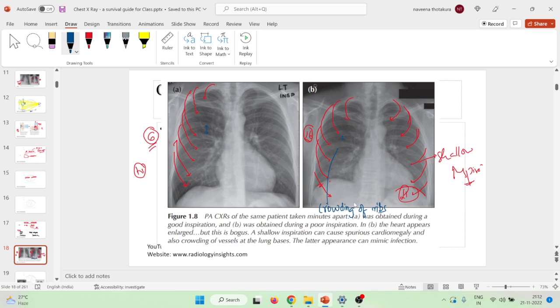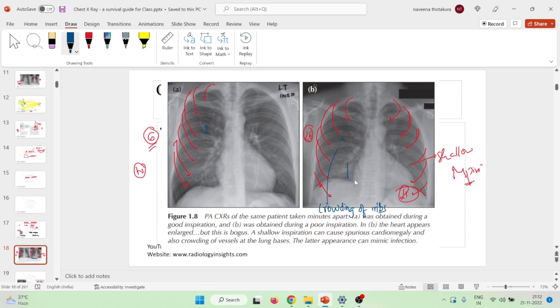Normally, if the ribs are away from each other, the bronchovascular markings are lighter. Whenever the ribs are crowded, that is, the rib space is less, then the bronchovascular markings overlap on one another, and as a result they look darker.